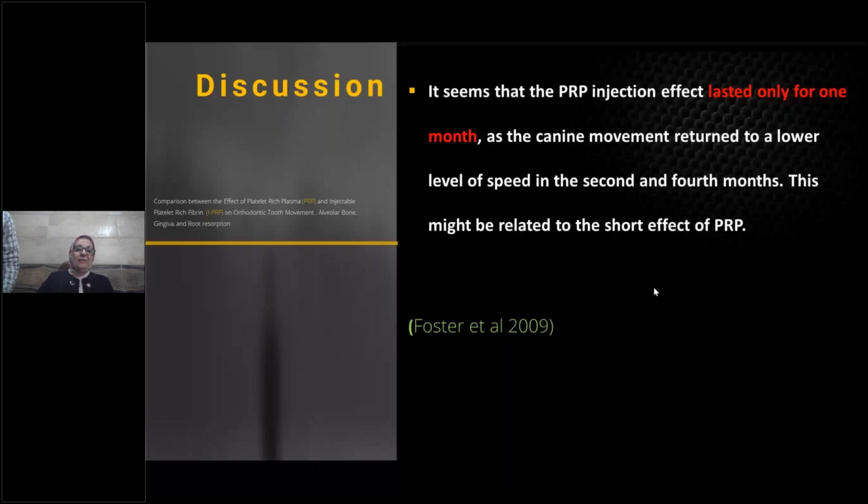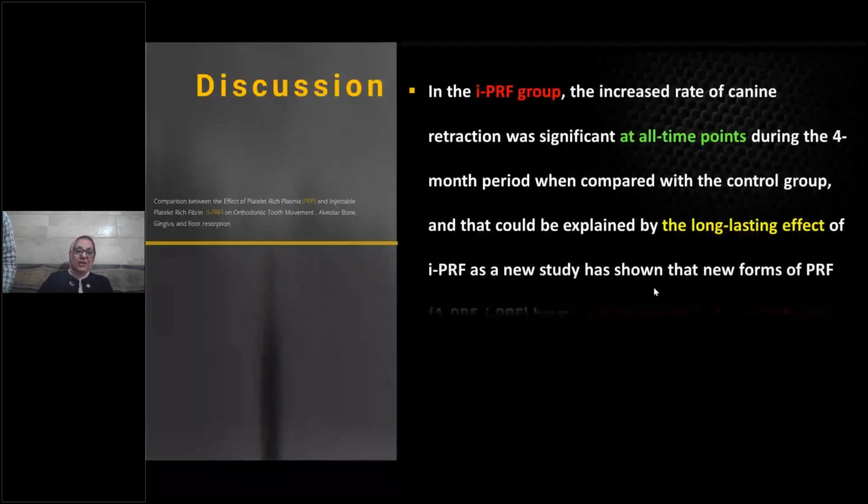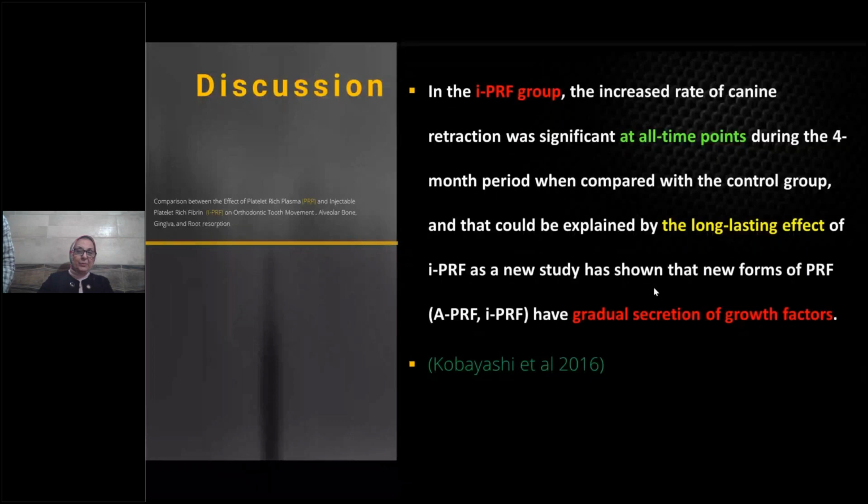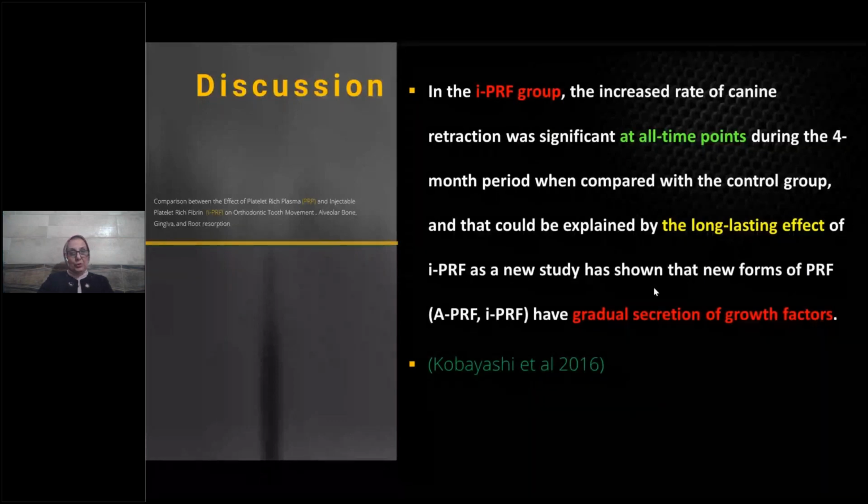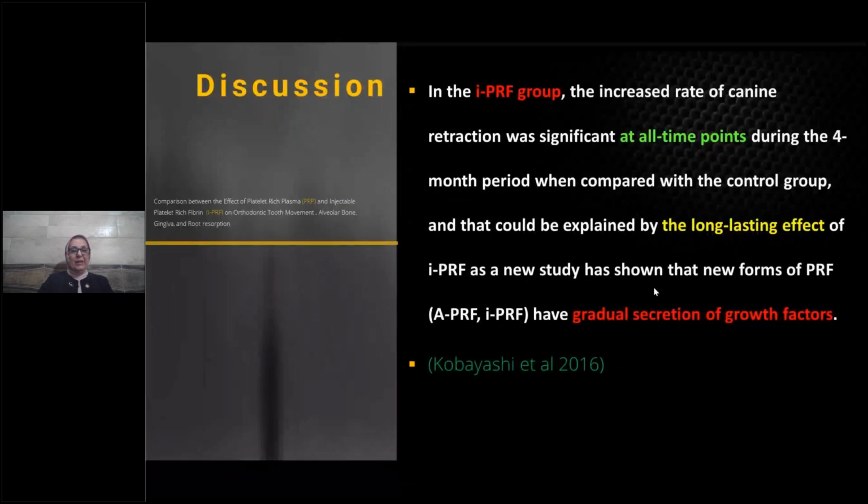In the injectable PRF group, the increased rate of canine retraction was significant at all time points during the 4 months period when compared with the control group, and that could be explained by the long-lasting effect of injectable PRF, as a new study has shown that new forms of PRF have natural and gradual secretion of growth factors.